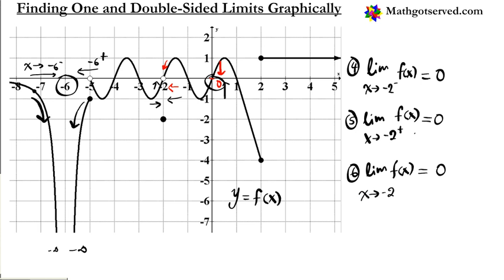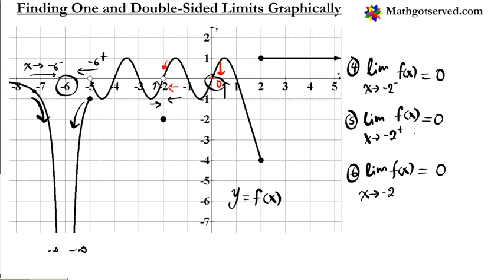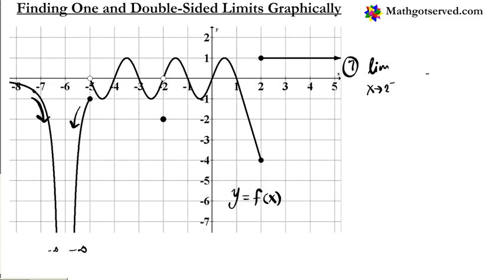Alright, now let's try 3 more examples, and that'll be that. Let's take a look at the limit as x is approaching positive 2 in this case. Okay, so x is going to be approaching positive 2. So for number 7, we're going to try and find the limit as x approaches 2 from the left.